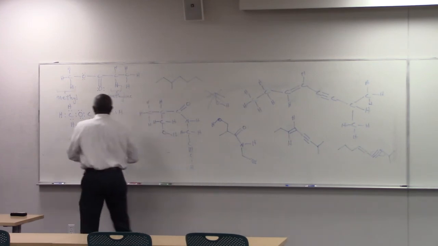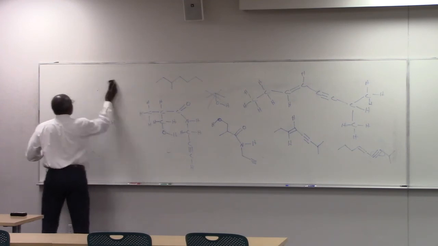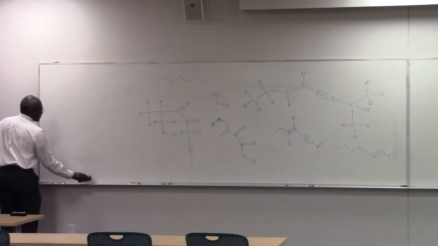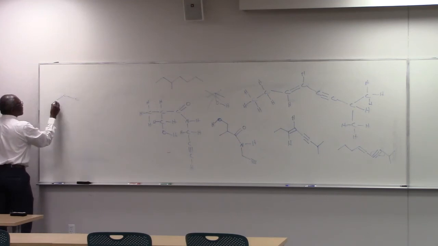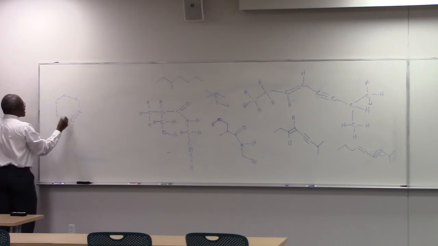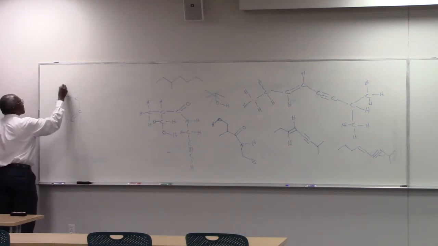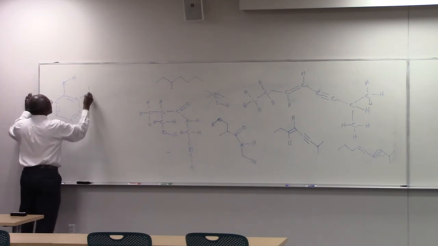Let's do another one. So you remember when we were doing HDIs, we talked about benzene rings. And I was really kind of itching to get to this part because this takes some time. So what if we wanted to draw this in a benzene ring?